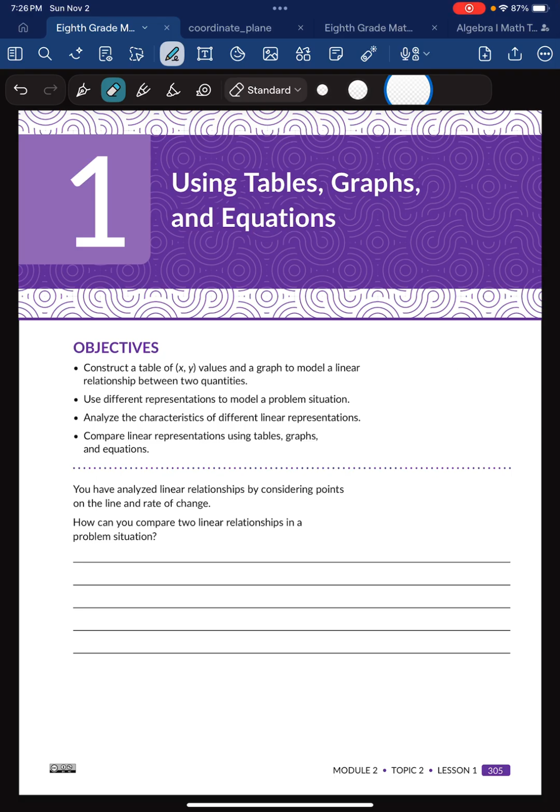We have learned and been talking a lot about our XY axis on a coordinate plane. We have learned about proportional relationships.